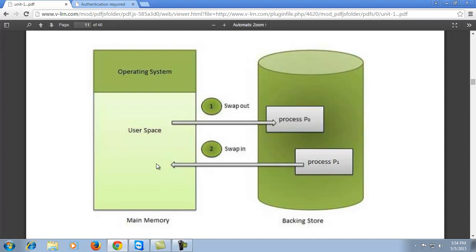If we are storing some data from main memory to the backing store, or physical memory, that is called swap out. Swap in and swap out are processes where we pick some data and store some data. We can represent these processes on the basis of main memory and permanent storage, or you can say a backing store.